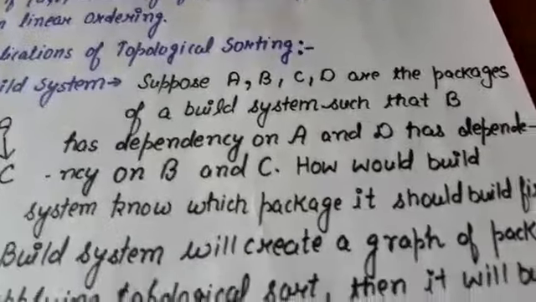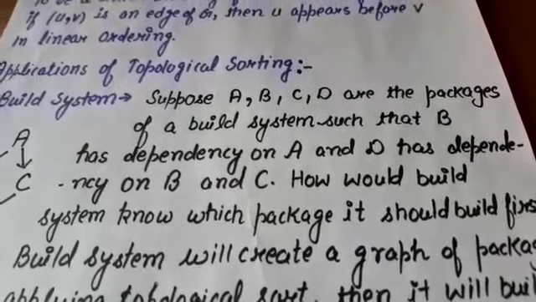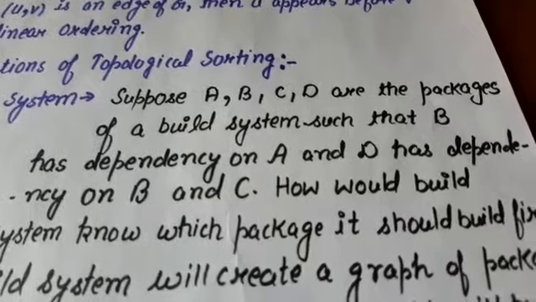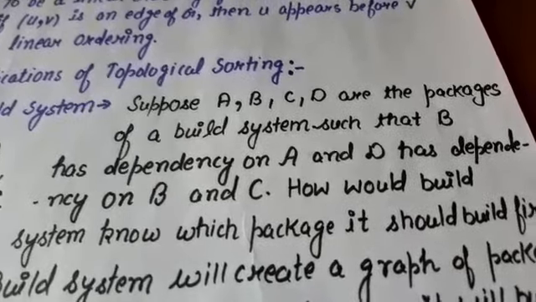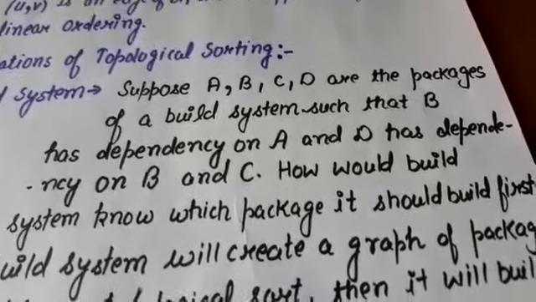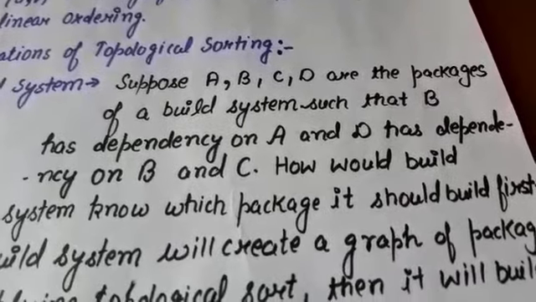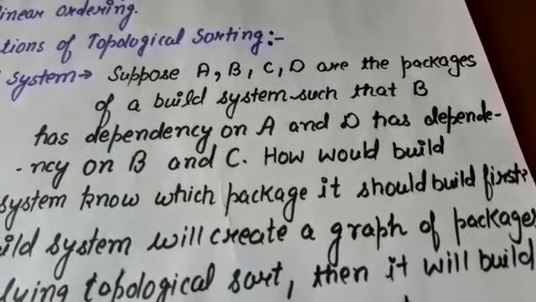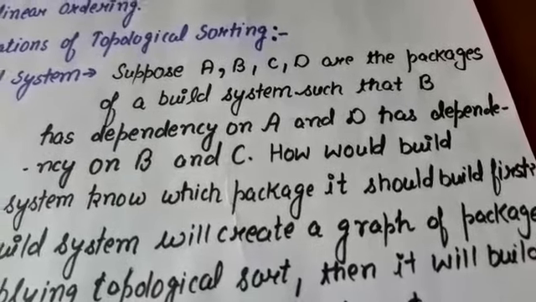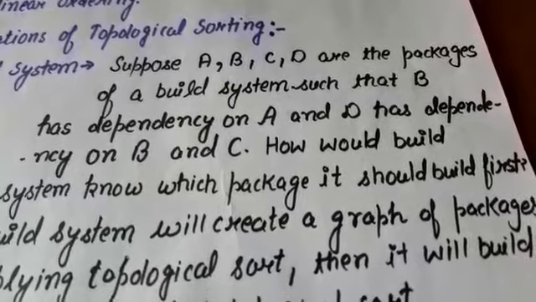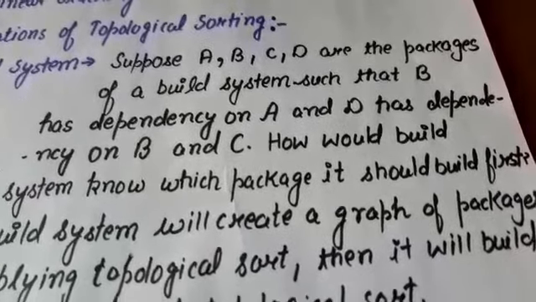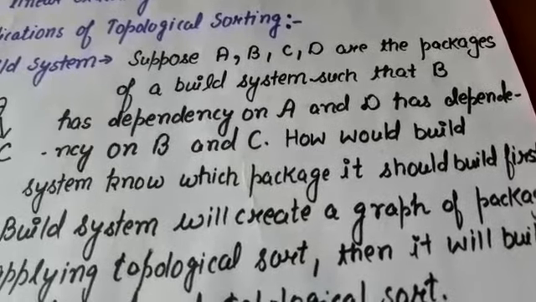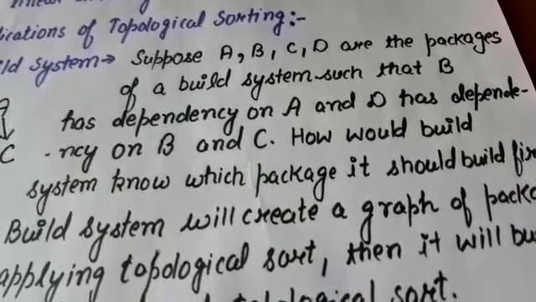So suppose I am having a project with multiple packages like A, B, C, D, and the package B has dependency on the package A and the package D has dependency on the packages B and C. Means if I want to use the package D, then I should use the packages B and C before that. Then only after that I can use the package D, right?